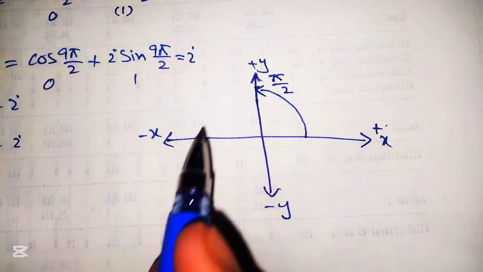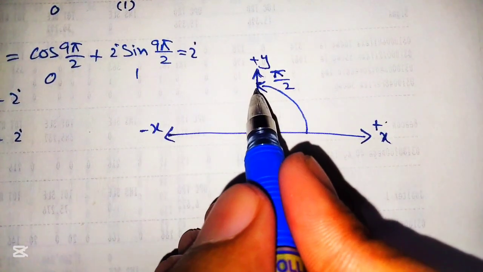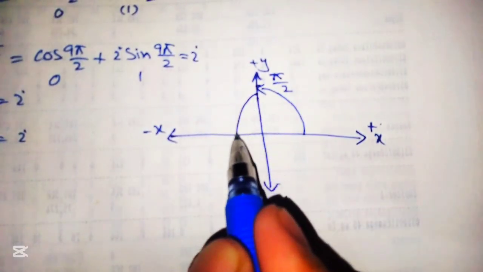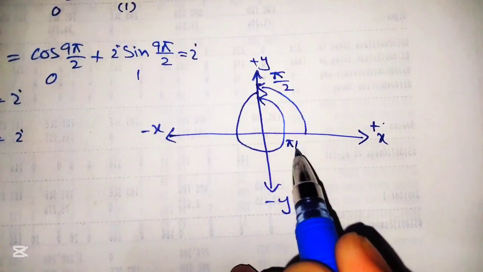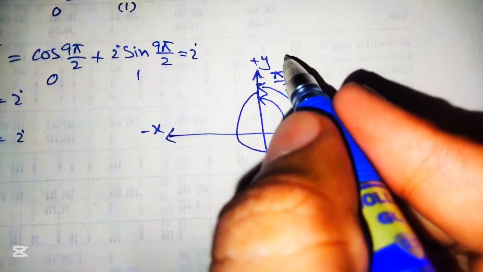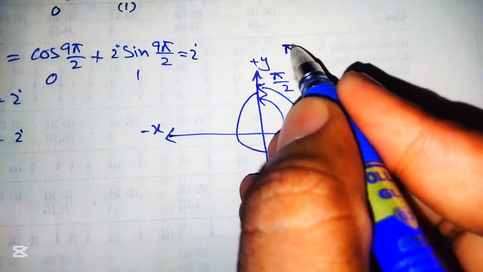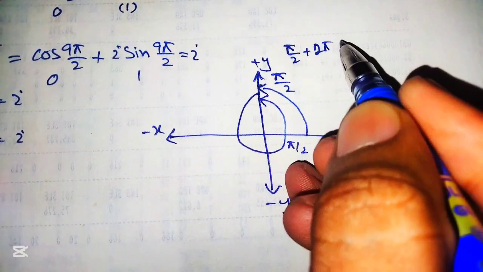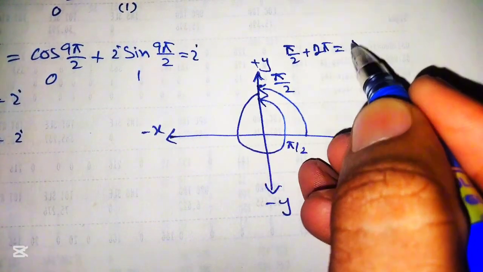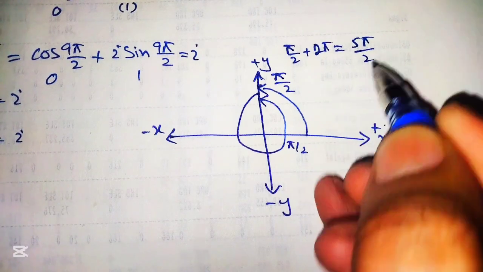Now after the next cycle, if we complete one cycle from this, as this is pi by 2, the next angle becomes pi by 2 plus 2 pi, which is equal to 5 pi by 2.